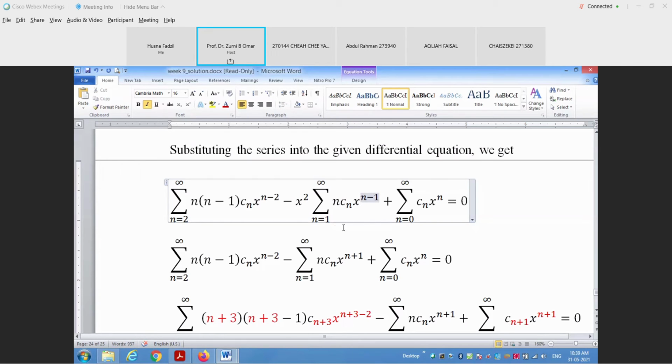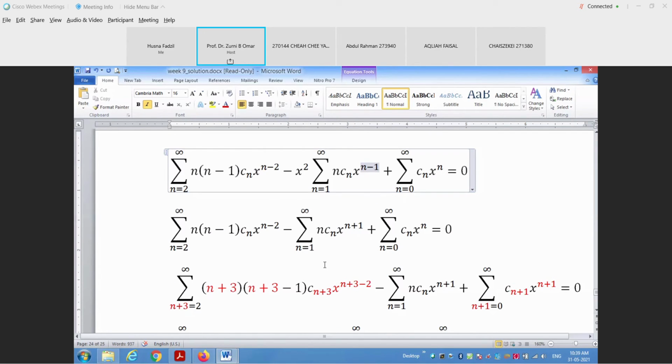So we have x squared times x^(n-1), so we get x^(n+2), because n minus 1 plus 2 will be n plus 1.